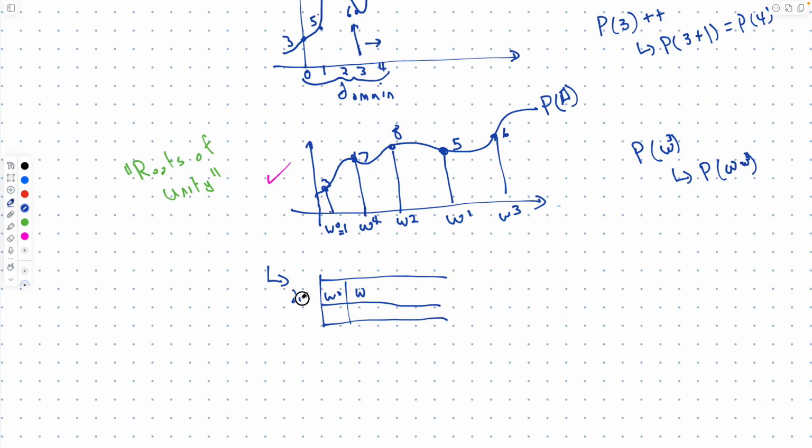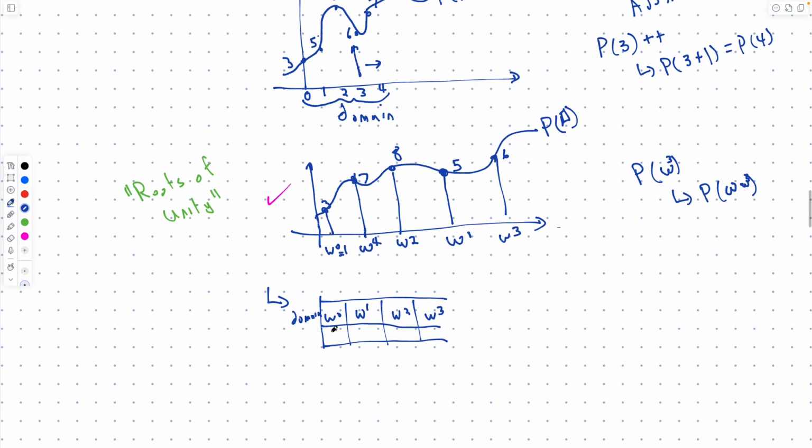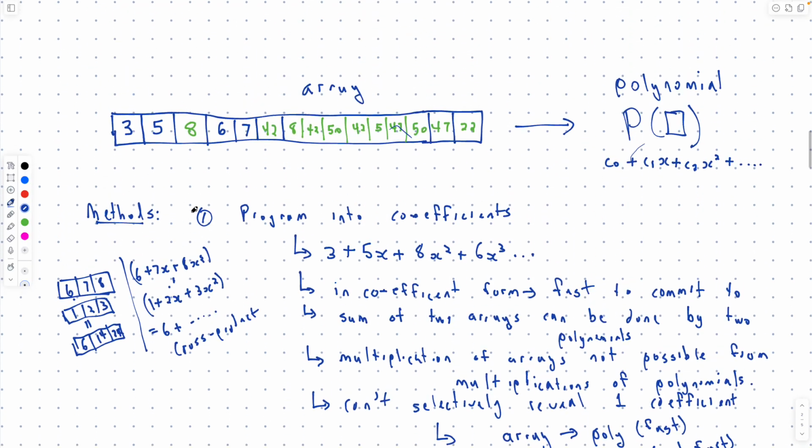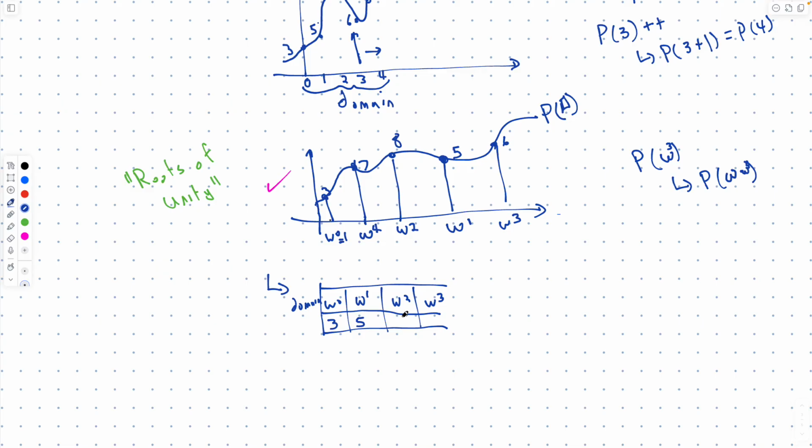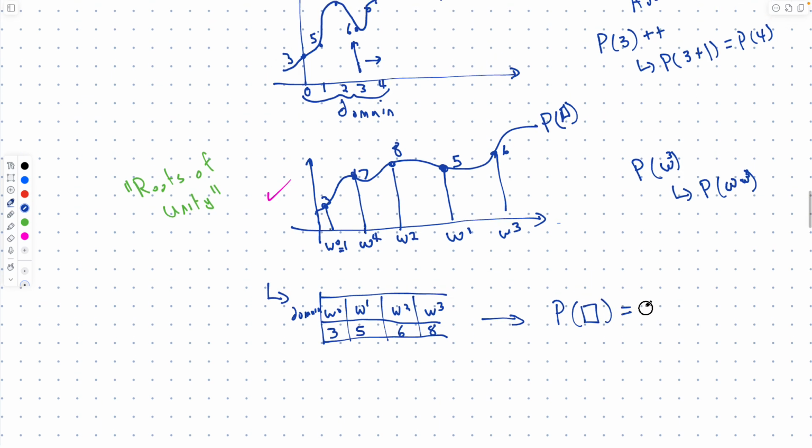This is the domain, and then this is the array values that we had before, 3, 5, 8, 6. I want to turn this into a polynomial where I know the coefficients.